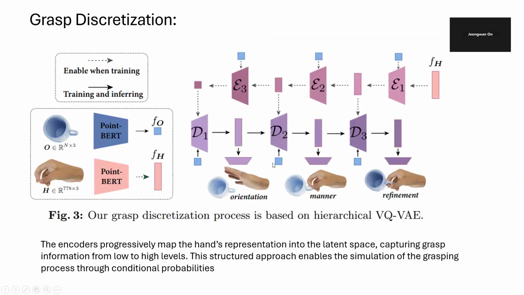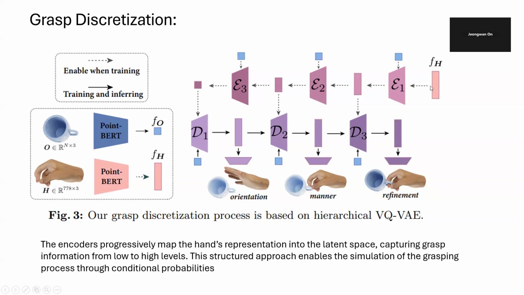Here is how the overall architecture looks like. The encoders progressively map the hand's representation into the latent space, capturing grasp information from low to high levels. This structured approach enables the simulation of the grasping process through conditional probabilities. During training, we have the hand features from PointBERT and the object feature from PointBERT as well.